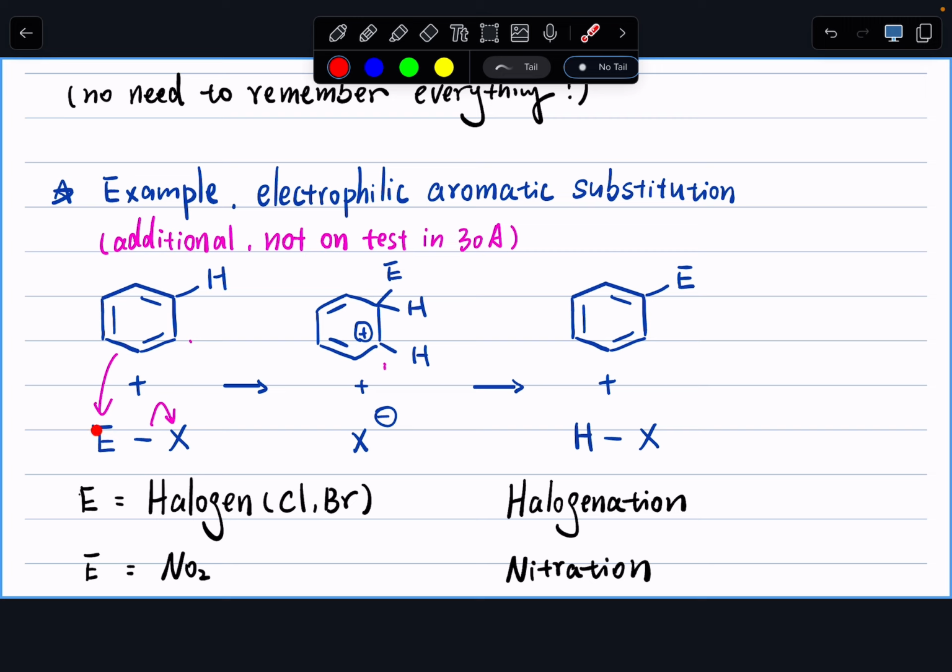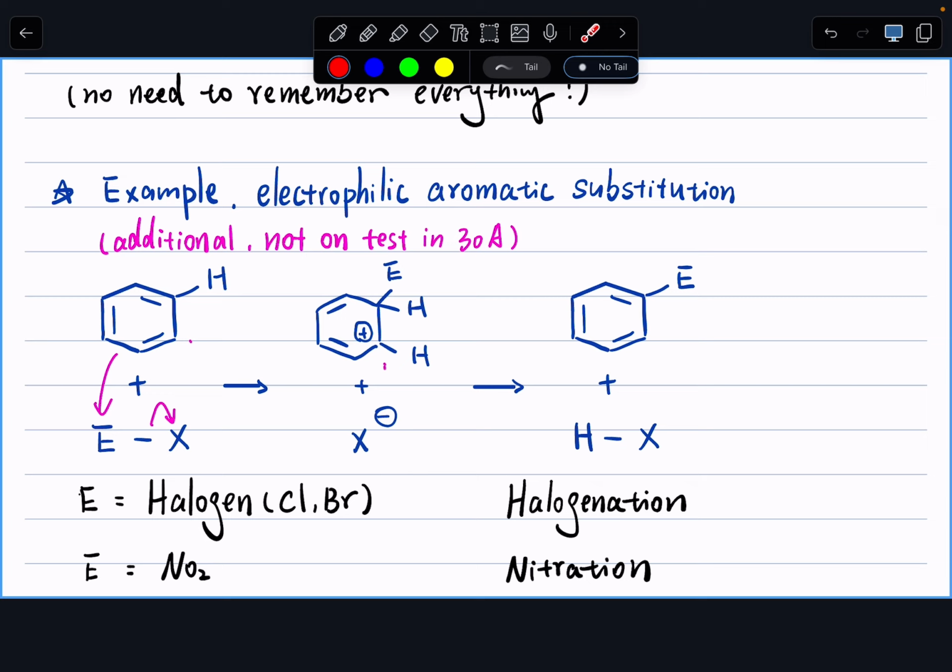For example, one of the carbons in the double bond in my aromatic ring is forming a new bond with the electrophile, and we're breaking the bond between the electrophile and X, right? So we're forming a new bond between the aromatic group and the electrophile. Now, on the other carbon of this double bond that's not making a new bond, we have a vacancy, which makes a carbocation. The electrons in the E-X bond go onto the X atom, making it an anion.